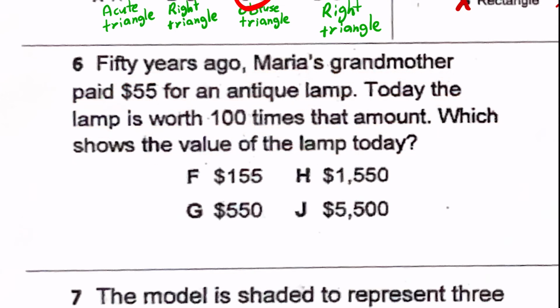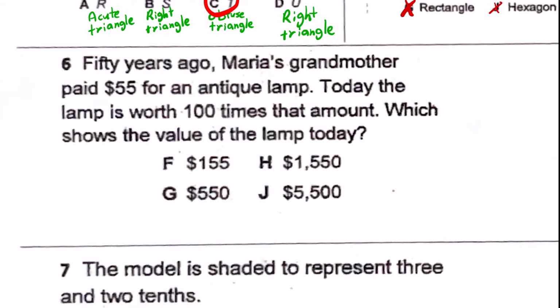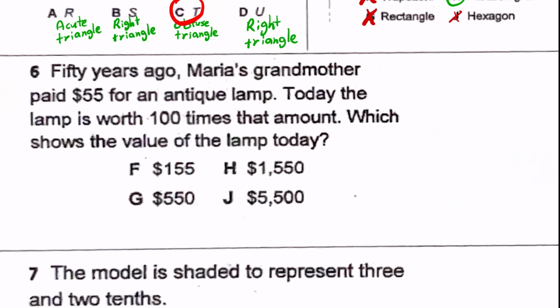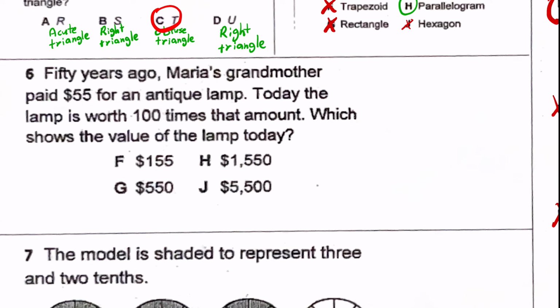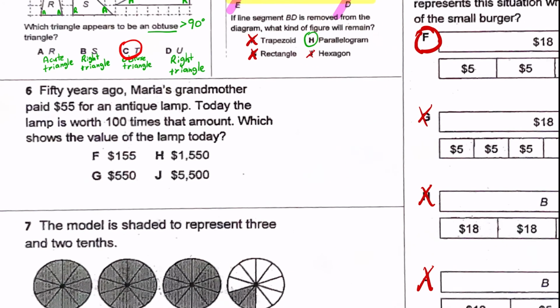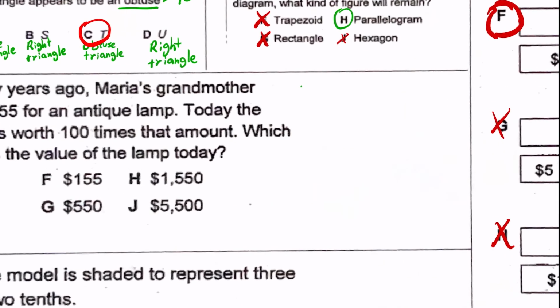So we are given some information: Maria's grandmother paid $55 for a lamp 50 years ago. Today, that lamp is worth 100 times that amount. So we're looking for the value. In this one, we do have to add, multiply, subtract, or divide, and it is a story. So that means we do have to do cutie pack.